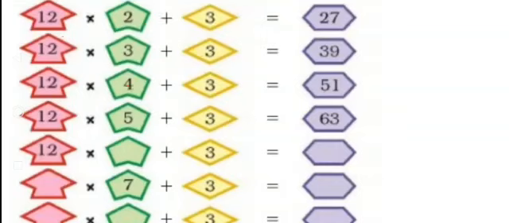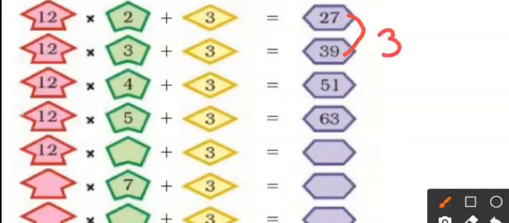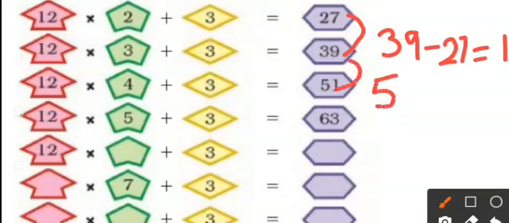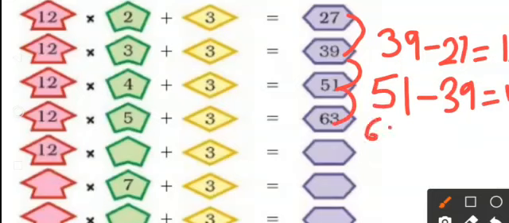Let us check. The difference of these two numbers, 39 minus 27, is equal to 12. Again, the difference between these two numbers, 51 minus 39, is 12 again. 63 minus 51 is equal to 12 again.